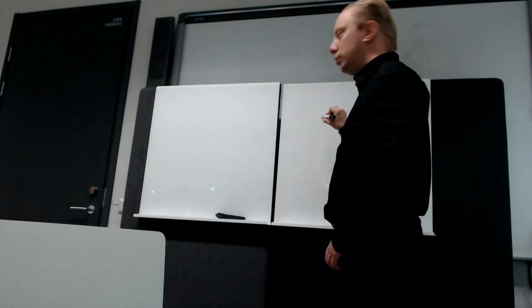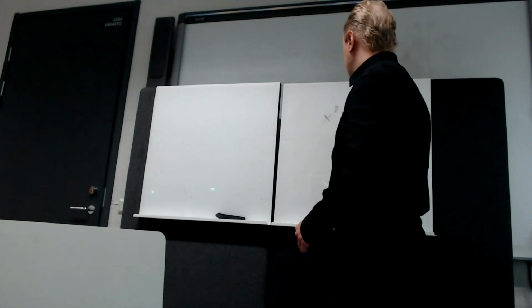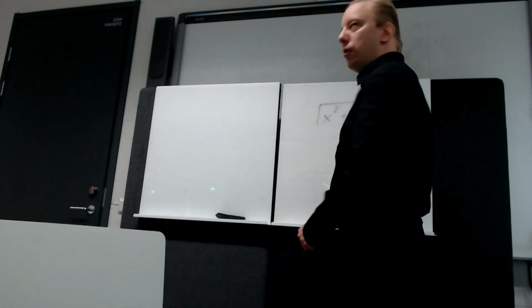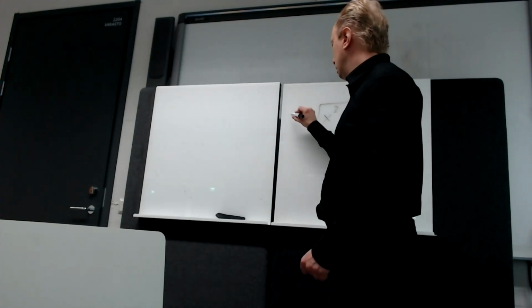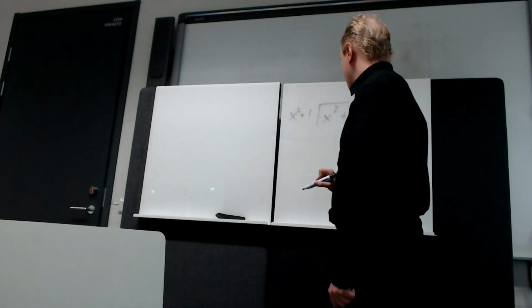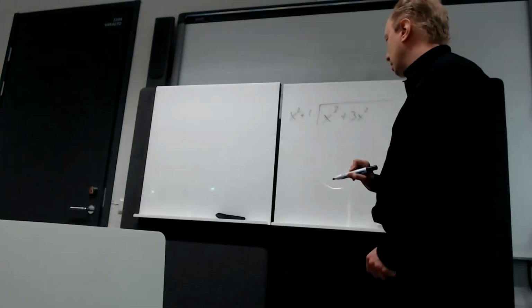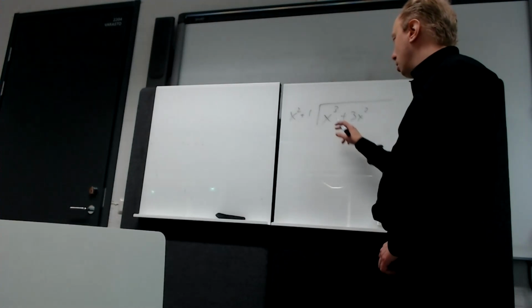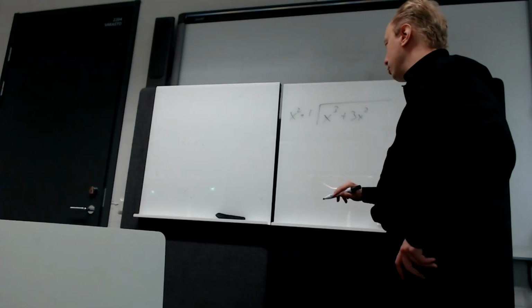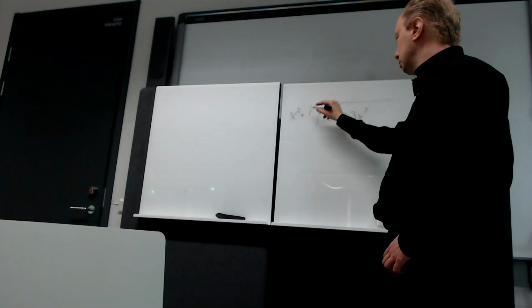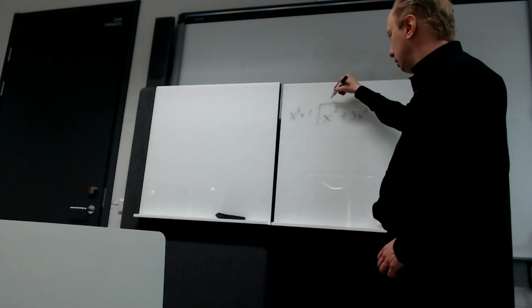We had this example of x cubed plus 3x squared, and we're going to divide it by x squared plus 1. So now x cubed goes x times.